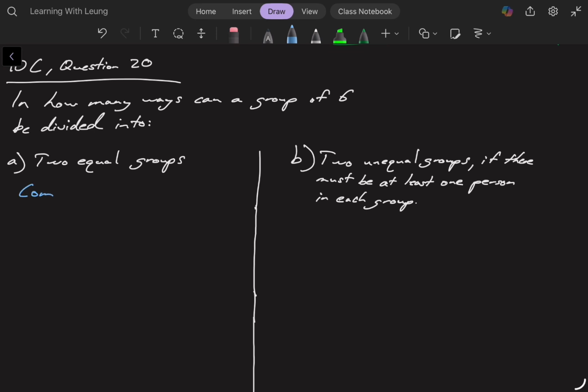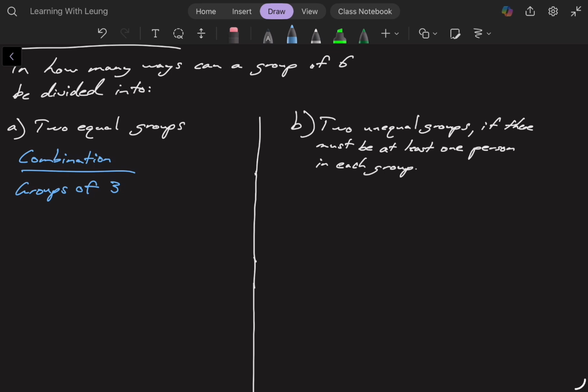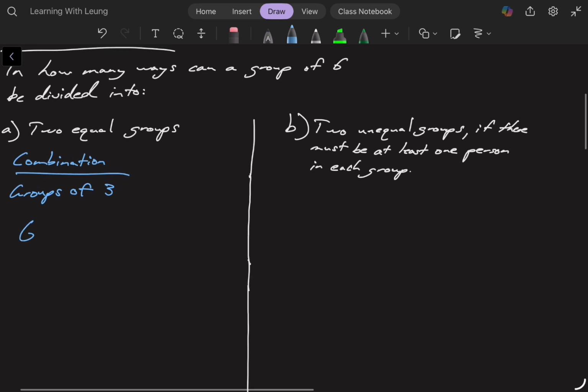There's no specification about order, which means I'm immediately using combination or selection. Immediately a combination. And if I'm dividing into 2 equal groups, that means it's groups of 3, right? Which means if I want to choose, I'm going to choose 3 out of the 6.